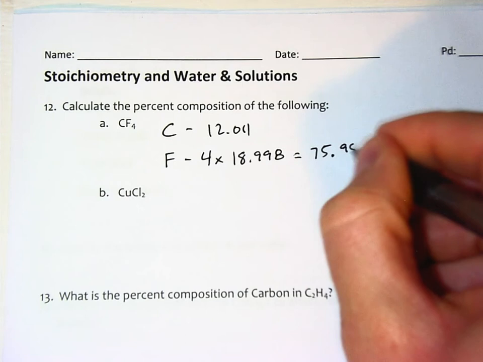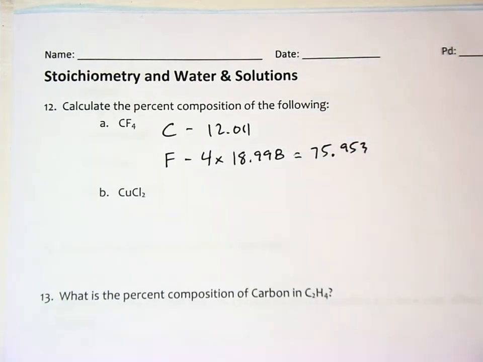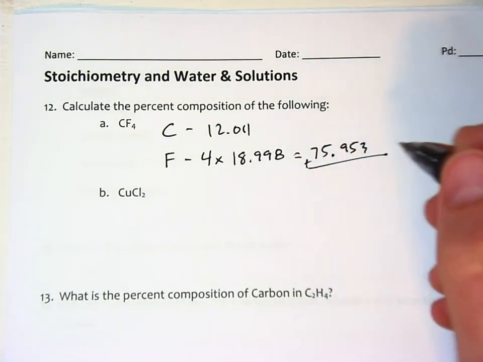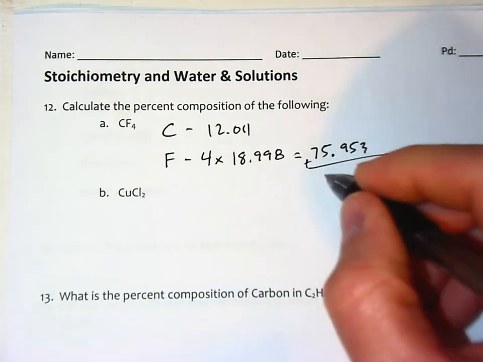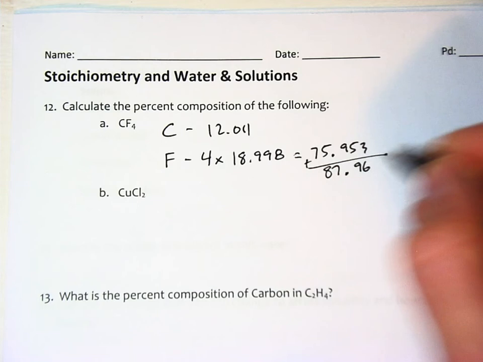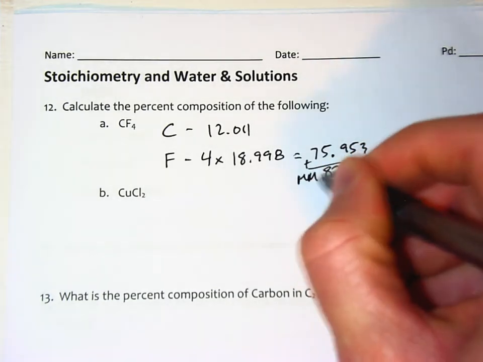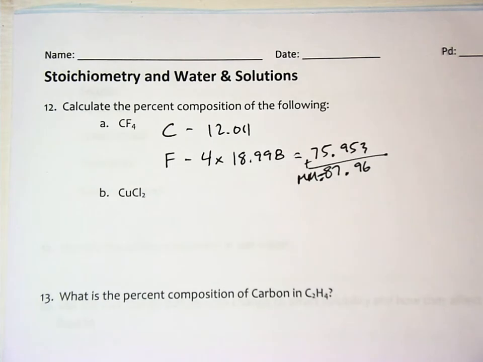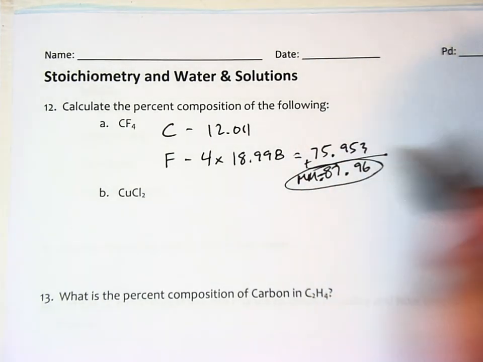Add those all together and that gives me a total molar mass of 87.96. So my molar mass is equal to this.